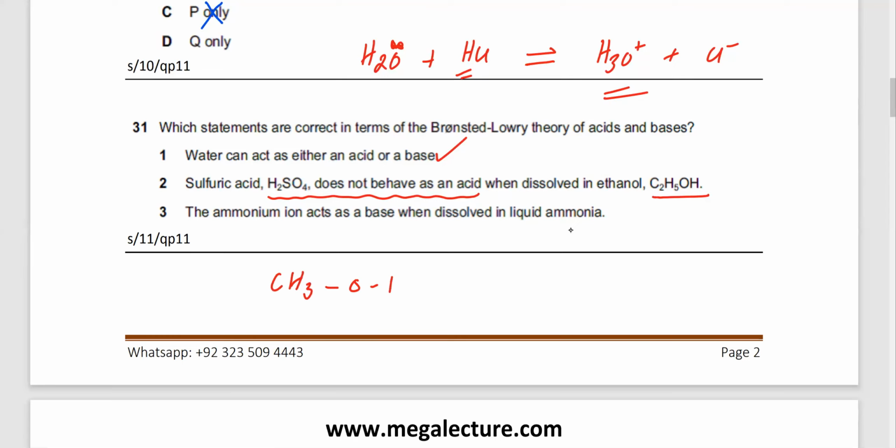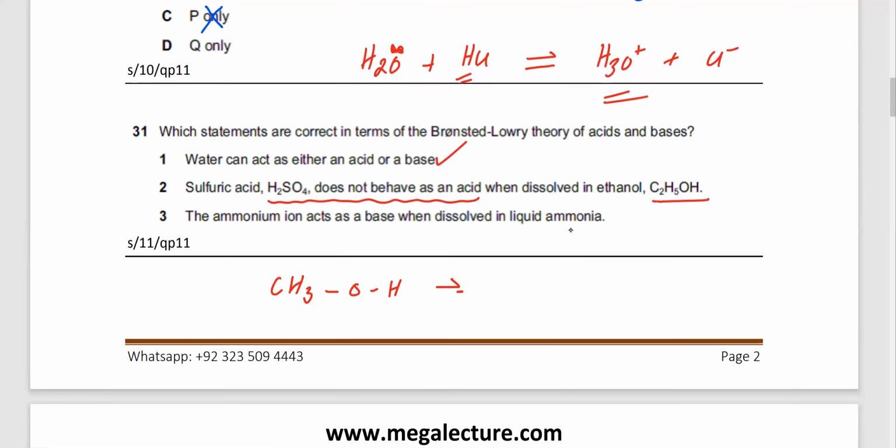Ethanol has a tendency to lose H+ ions, to form O minus and H+. So ethanol is slightly acidic, very slightly, almost non-existent.